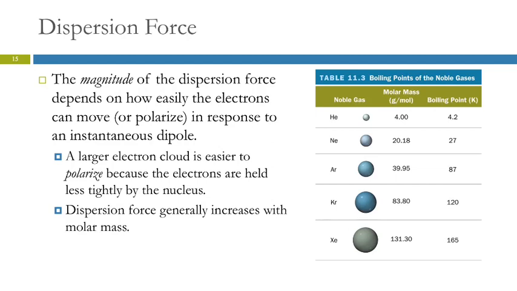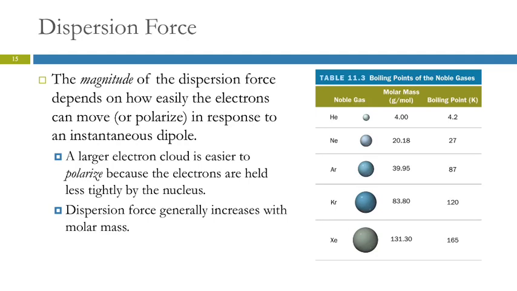And so the electrons in xenon on the outside are much farther away from the nucleus than the outer electrons in helium. So they're not held as tightly. They're more loosely held. I think of it as being kind of large and jiggly, right? And so it's easier for those electrons to get lopsided. There's a lot more of them, too. So a larger electron cloud is easier to polarize because they're less tightly held.